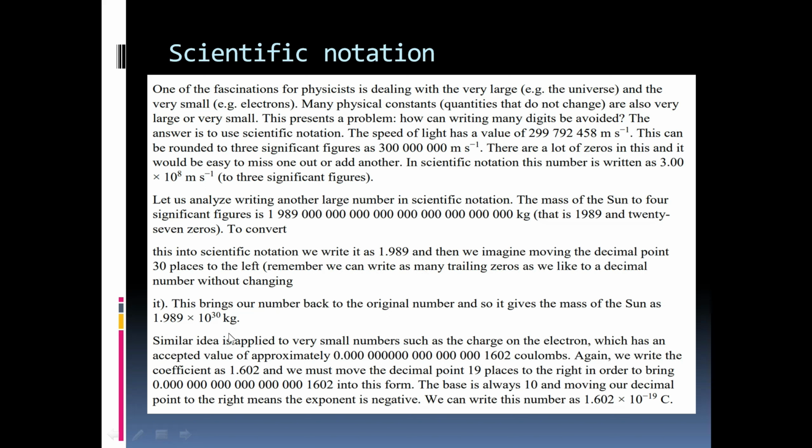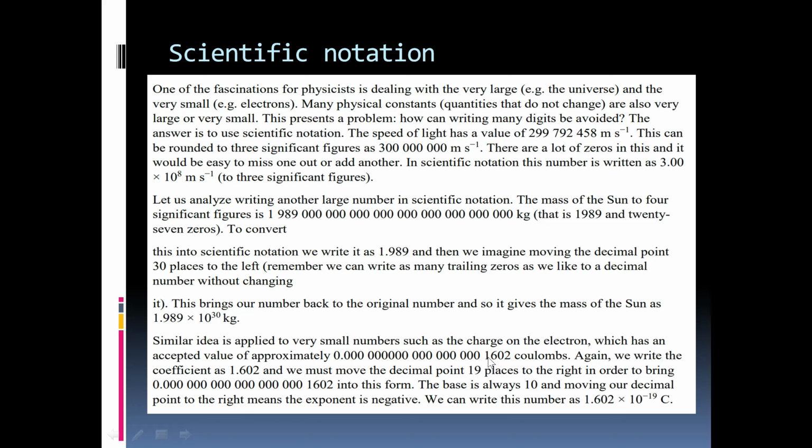A similar idea is applied when we are talking about very small numbers, such as the charge on an electron. I have mentioned the charge on the electron here, it is 0.00000 and so on up to 1602. Here we have to move the decimal point after the first non-zero digit, which is 1.